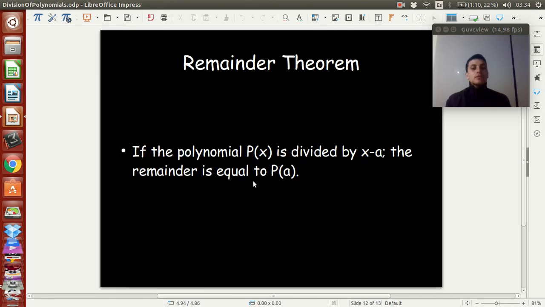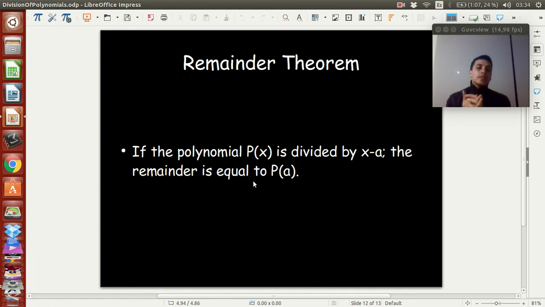And finally is the remainder theorem. The remainder theorem is for when you want to check if a polynomial is divisible by x minus a. When the polynomial is divided by x minus a, the remainder is equal to p evaluated at a, the polynomial evaluated at a.